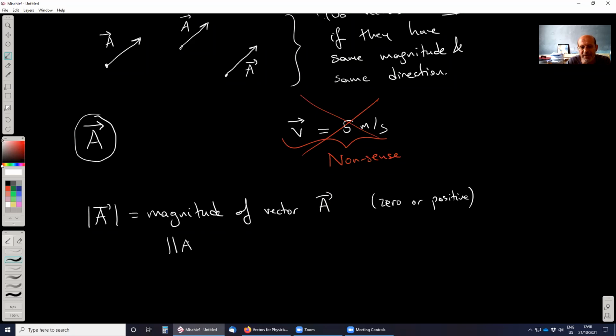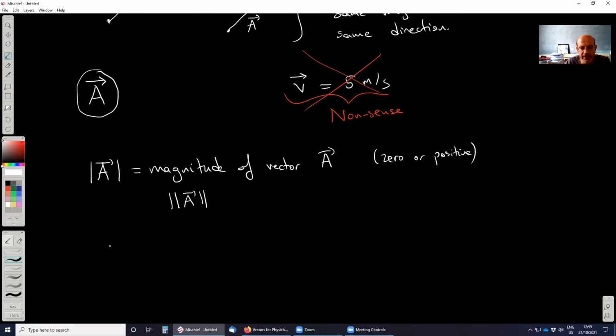Later, mathematicians actually use the double sign, but I'm just going to use the absolute value sign, so this is meaningful. For example, the magnitude of the velocity vector is 5 meters per second.